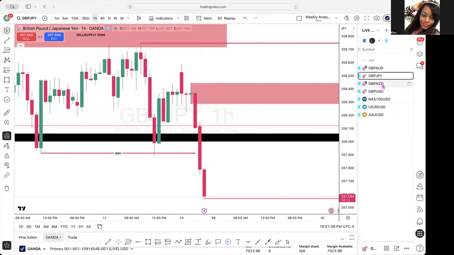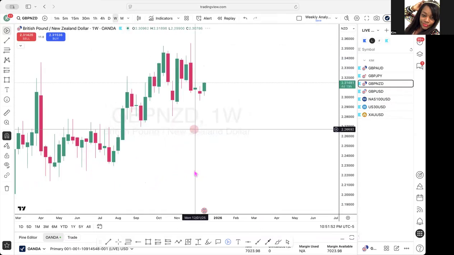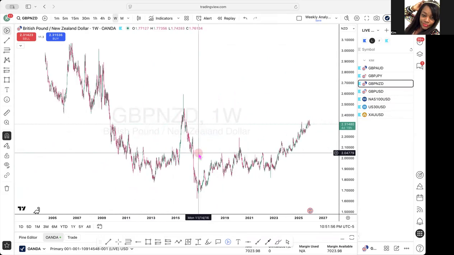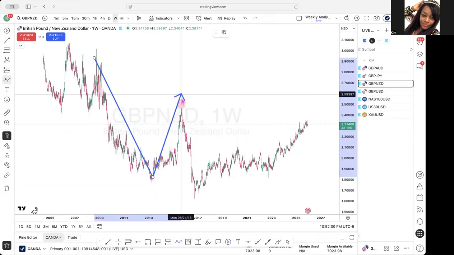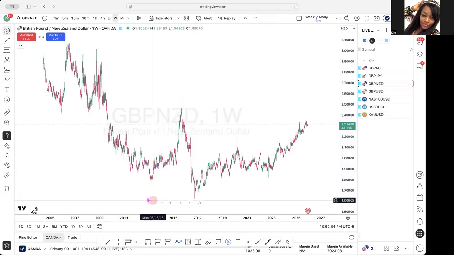All right, GBP NZD. Let's look at the big picture. Let's look at our structure. Okay, that's our current structure.